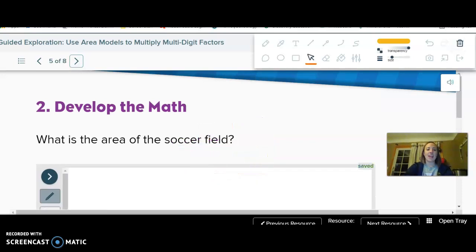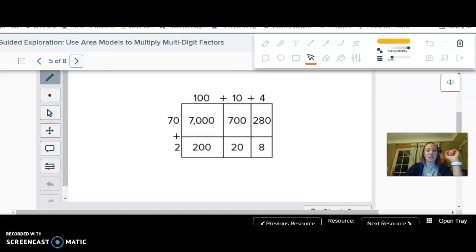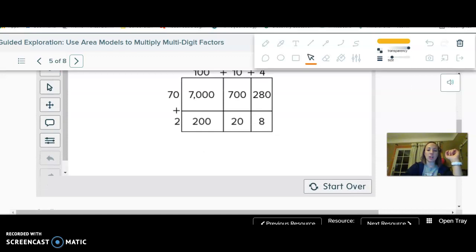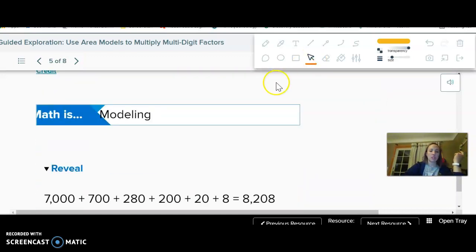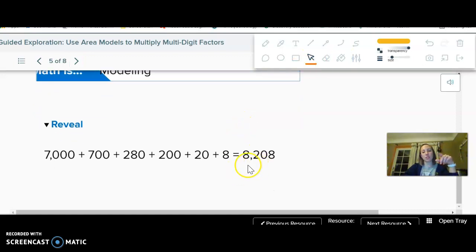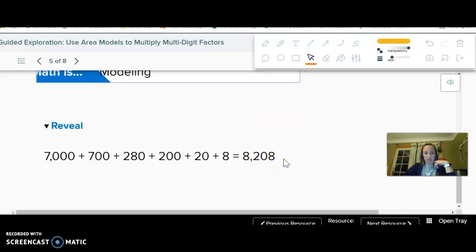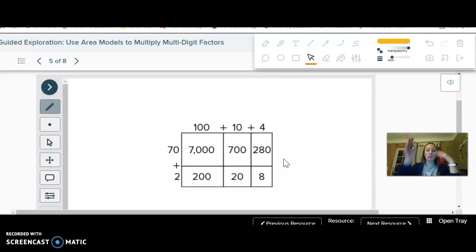And then to get the area, we need to take all those numbers and do what? Add them together. So if I add them all up, I get 8,208. Okay, and you can just line them up vertically and add them. Or you could add each row separately and then add the 2 rows together.